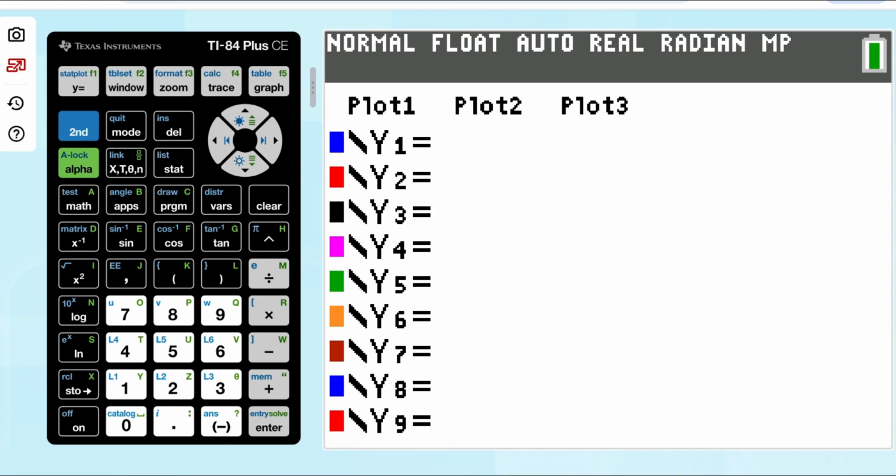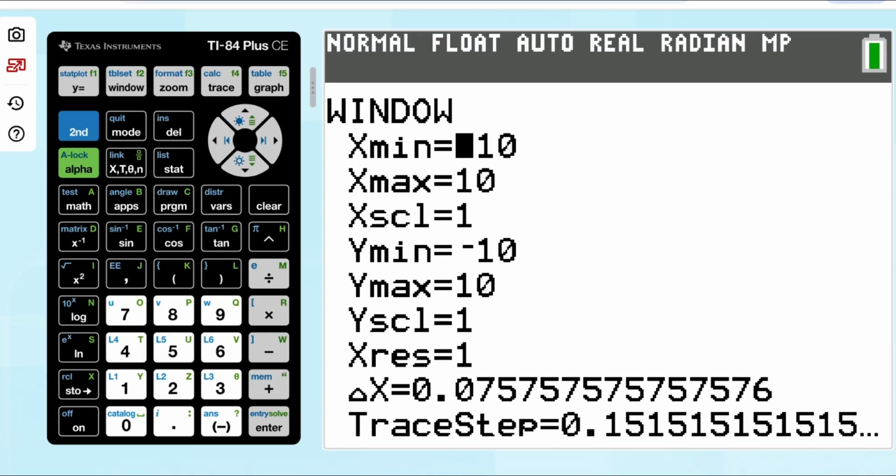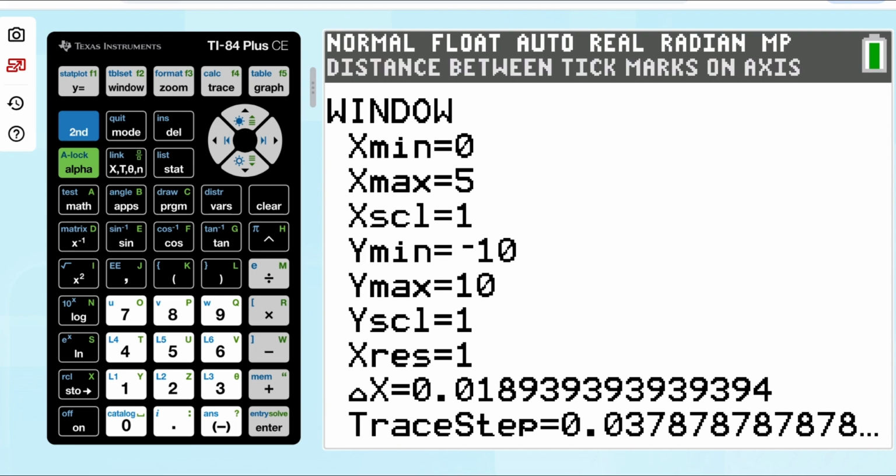So we'll go y equals, and f prime was 1 over 2 root t, so I'll hit alpha x to give me a nice fraction here. 1 over 2 square root of x, and then minus the sine of x. We want to know between t equals 0 and t equals 5 when that equals 0. So we'll hit window and change our x minimum to 0 and our x maximum to 5.